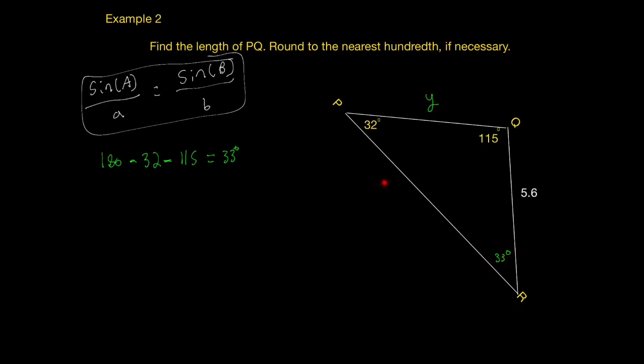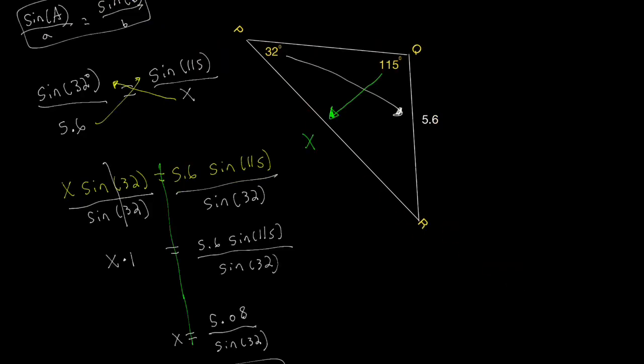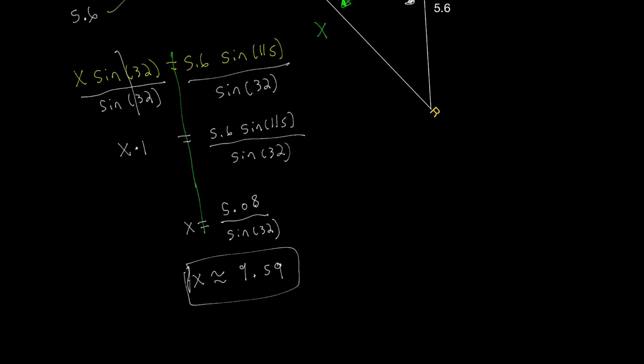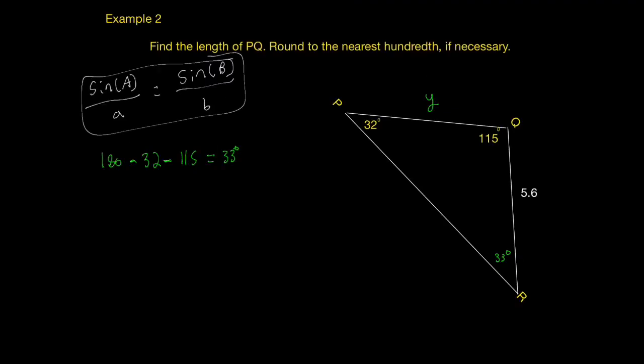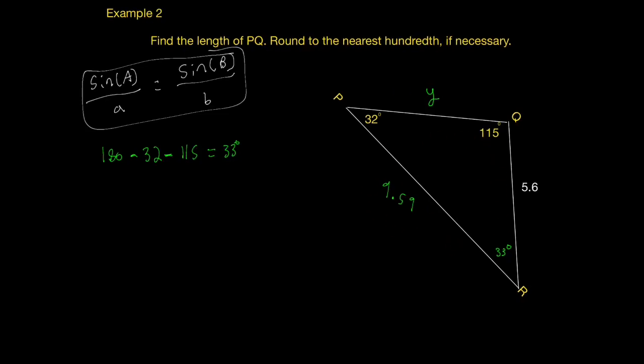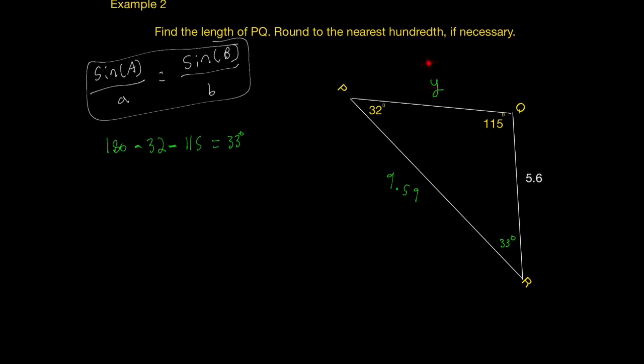Now, just for the fun of it, since we already solved for PR, let's include that length, which is 9.59. So let's write 9.59 here. Here we have options, so I'm going to give you both of them. So let's say we want to solve for Y. We're definitely going to have to use this pair. So let's write sine of 33 over the length Y. And we're going to set that equal to, and here's where we have a choice.